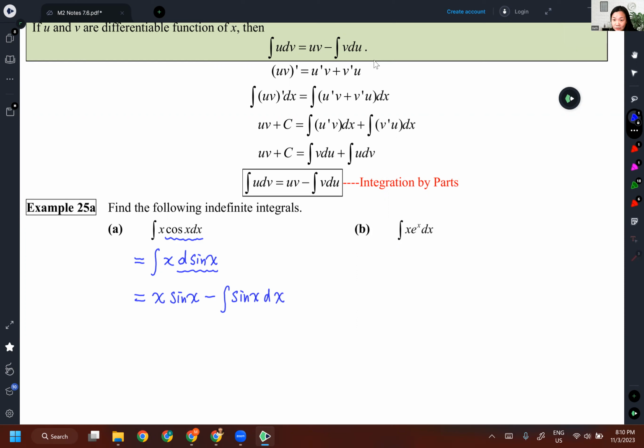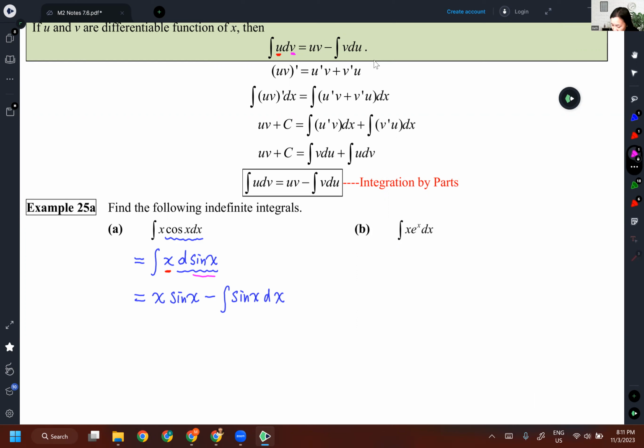Now try to follow. You see, u is x, and v is sine x. So uv is x sine x, minus the integral of v du. So you swap these two.